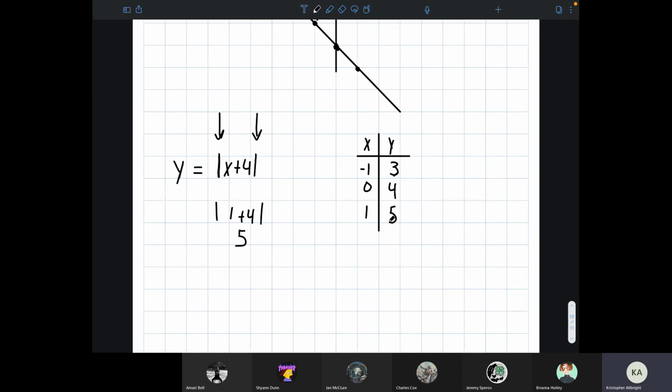So these are my y values, these are my x values, and then my ordered pairs are -1, 3, 0, 4, and 1, 5.